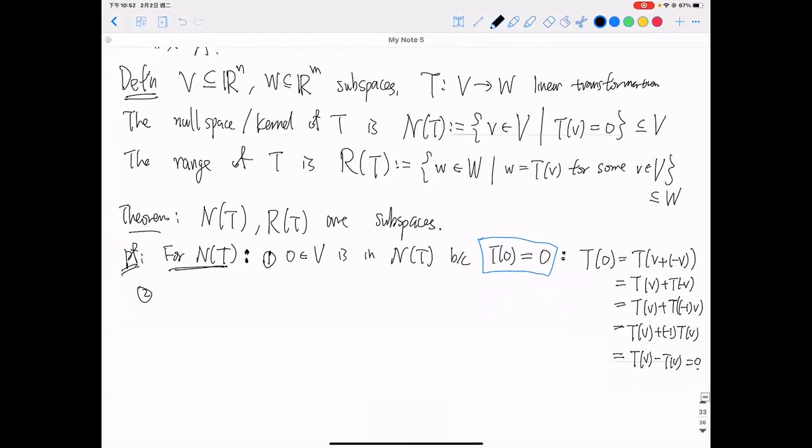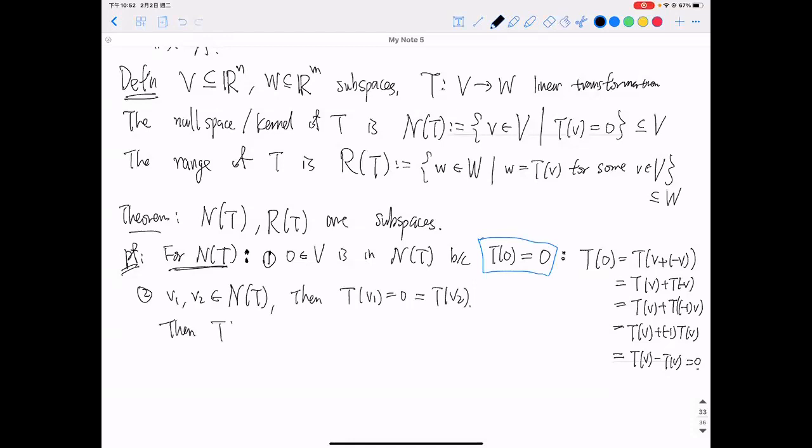Now the next thing is, if you have V1, V2, both in the null space of T, then this means that T of V1 is 0 as well as T of V2.